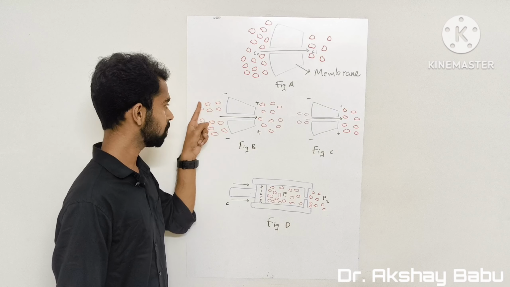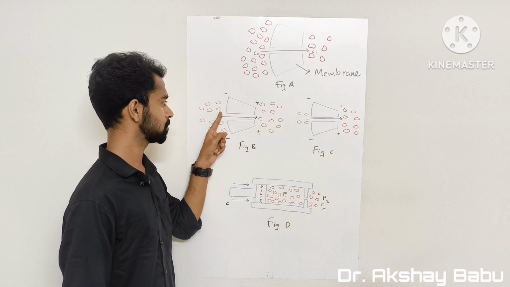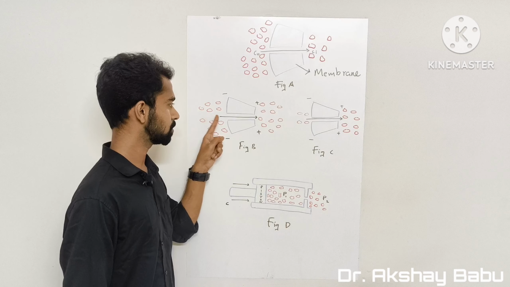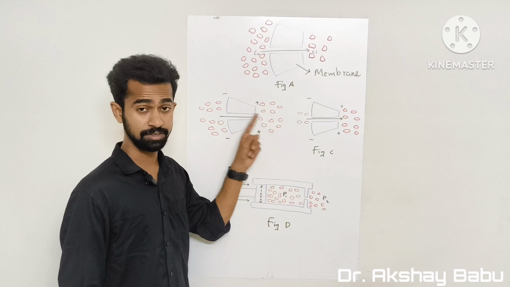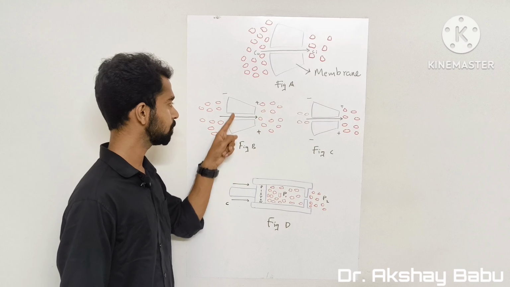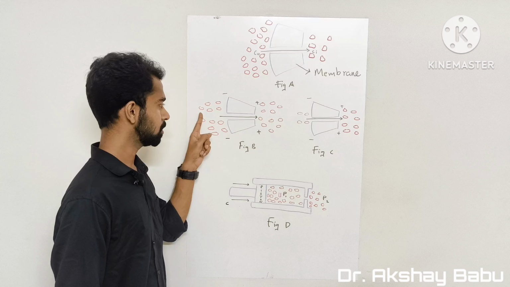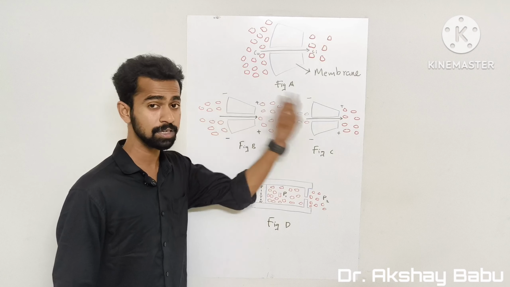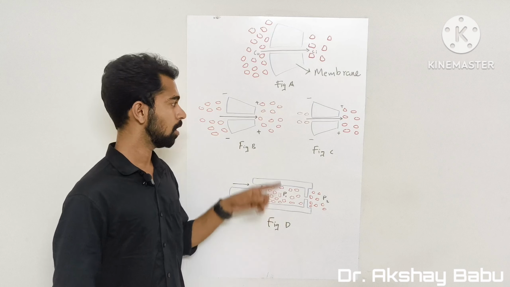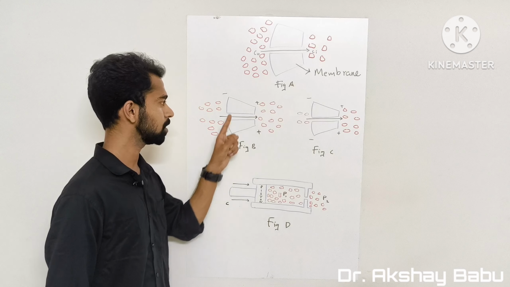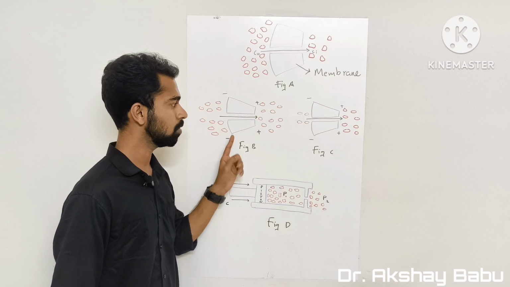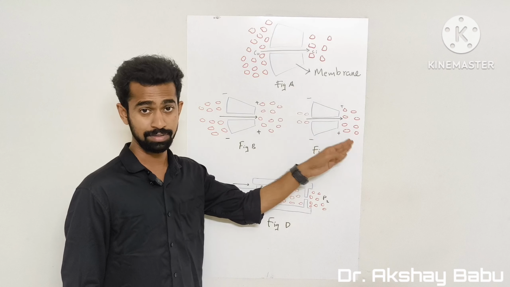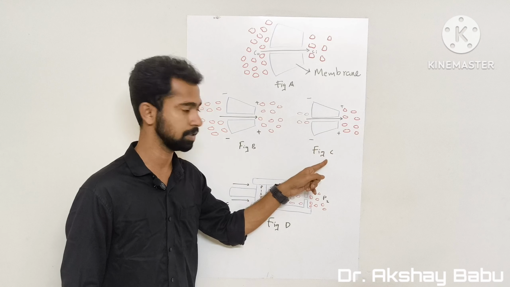Therefore, more and more electrical charges will move towards the right side. So we can say that the net rate of diffusion occurs from the left side of the membrane to the right side of the membrane. After some time, you can see large quantities of negatively charged ions have moved towards the right side. This has been demonstrated in this figure C.